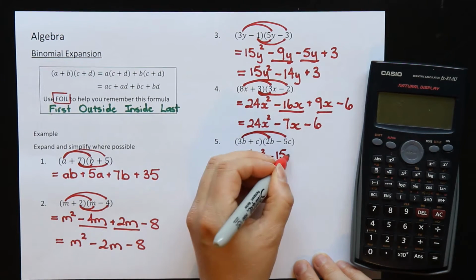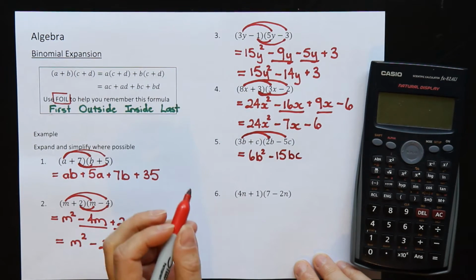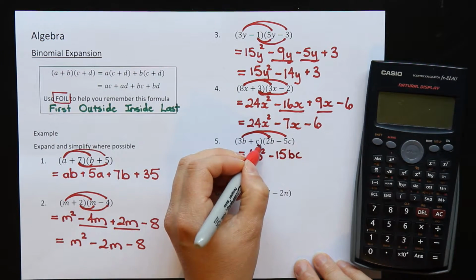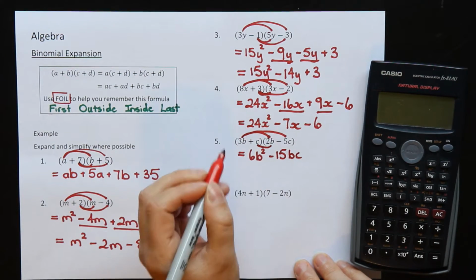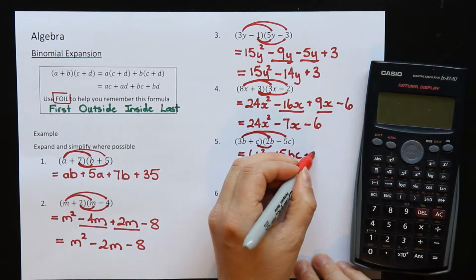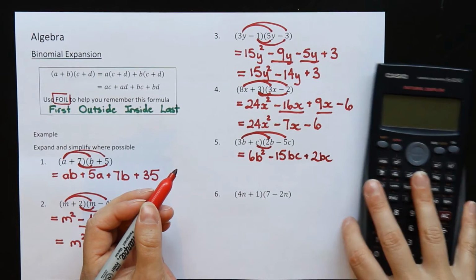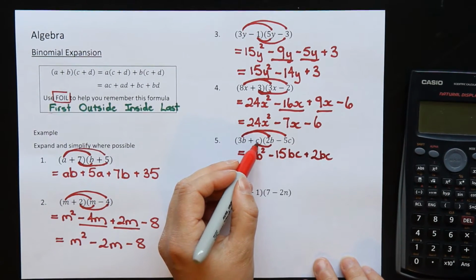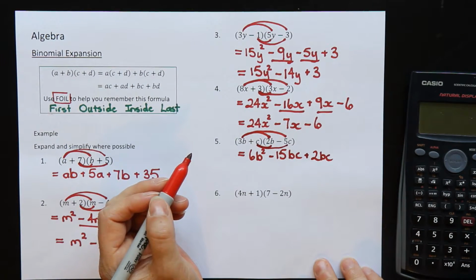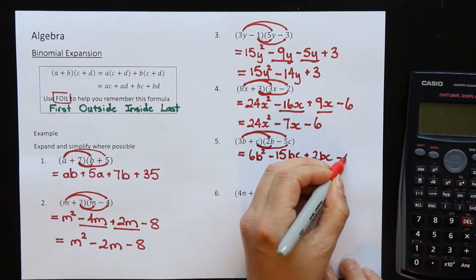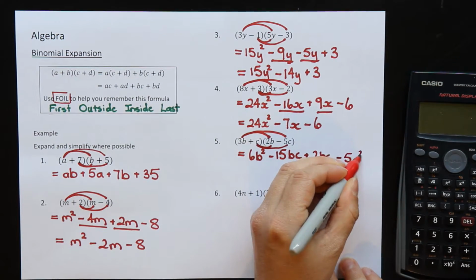And I have a b and a c, so 2 letters on that one. Then inside, c times 2b is a positive 2bc. And last, c times minus 5 is minus 5c squared.